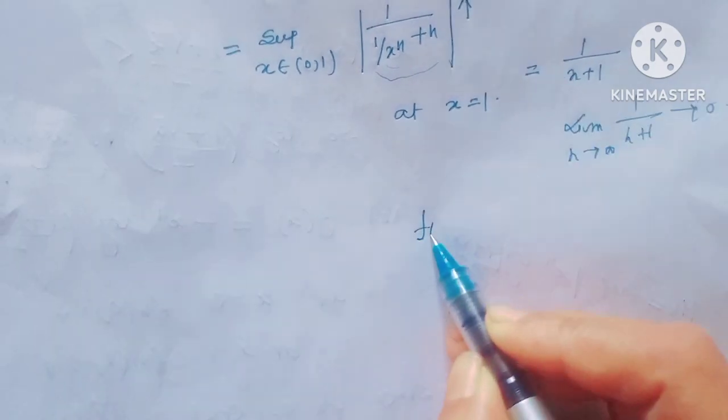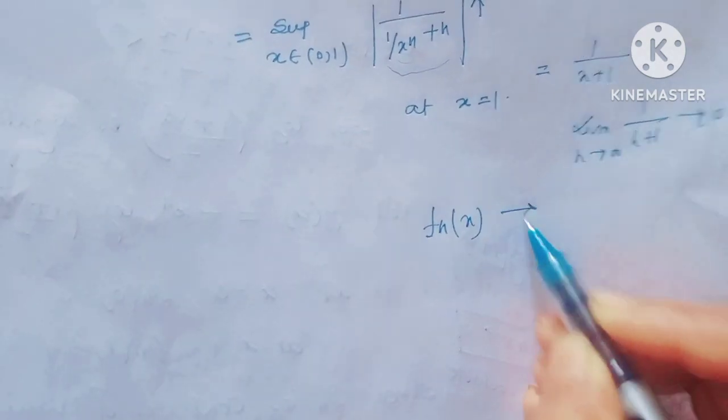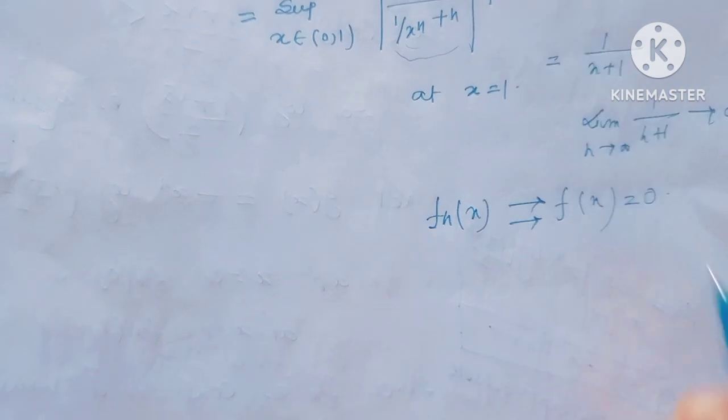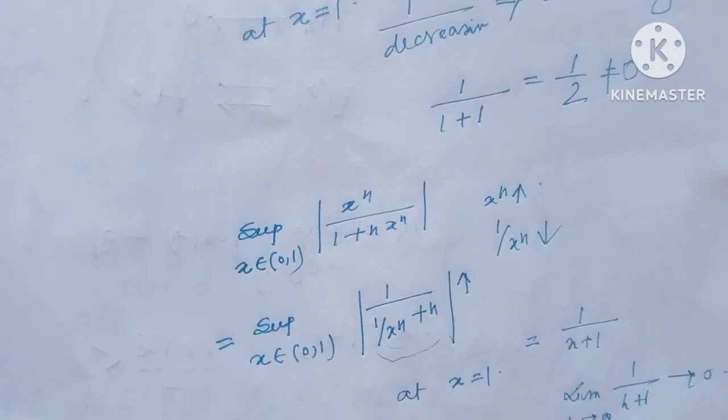So f_n(x) converges uniformly to f(x) = 0. This is another method.